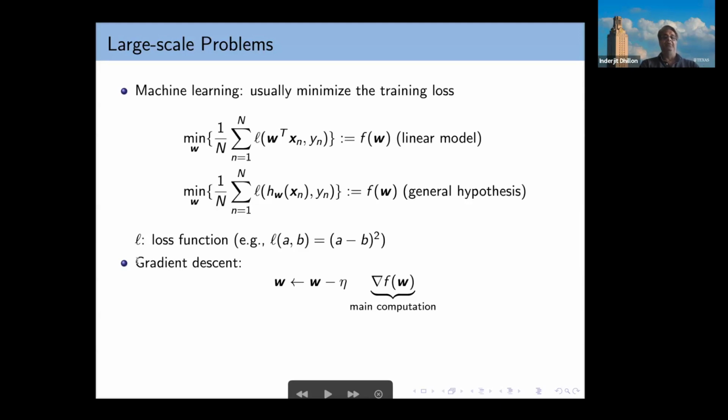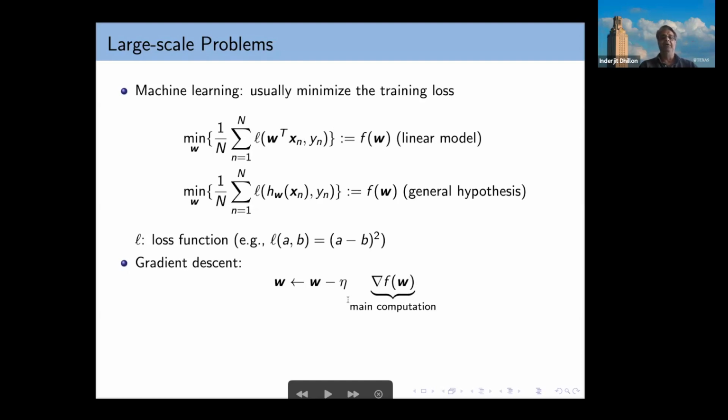So one of the first methods that you learn when you do numerical optimization is gradient descent. Gradient descent takes the parameters and takes the gradient of f. And if you look over here, the gradient of f will go to each of the points within the sum, and it'll end up being the average of the gradient of the losses with respect to w.